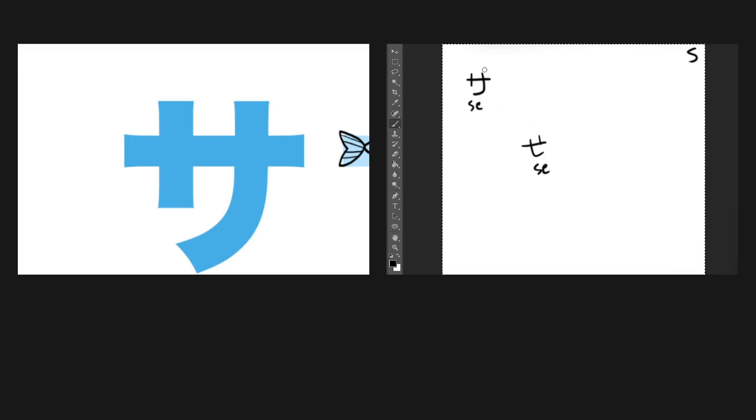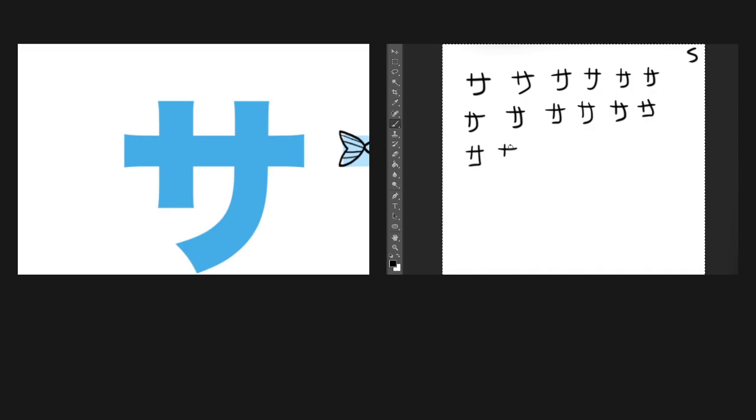I don't know why they swapped which leaf is making the dip here, but whatever. They're both se. One is katakana, one is hiragana. If you want to remember which is which, I don't know. I can't help you. I'm still practicing.